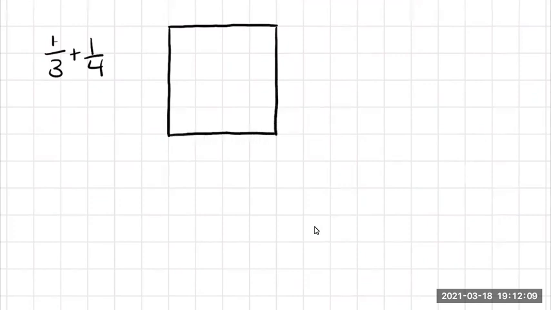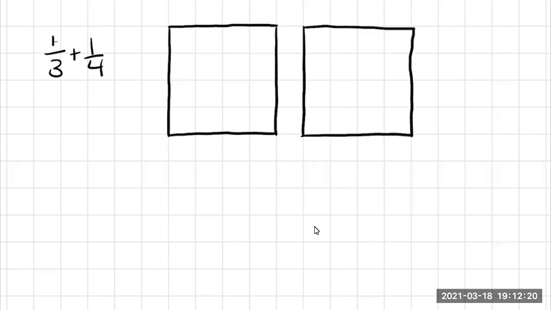So one of our area models we need to break into 3 pieces and one we need to break into fourths. And we're going to do one vertically or going up and down and one horizontally or going side to side. So I'm going to do my thirds vertically and my fourths horizontally.